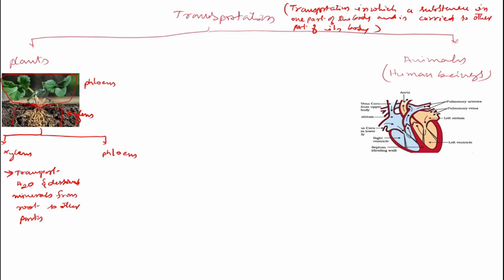So this is the definition for xylem. That means this portion absorbs minerals and water from the soil and transports them to other parts. This is the function of xylem. In this, some 4 types are there that are not discussed here.